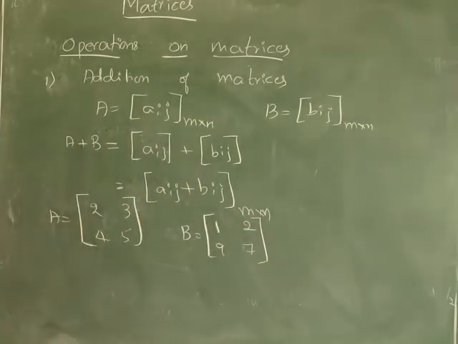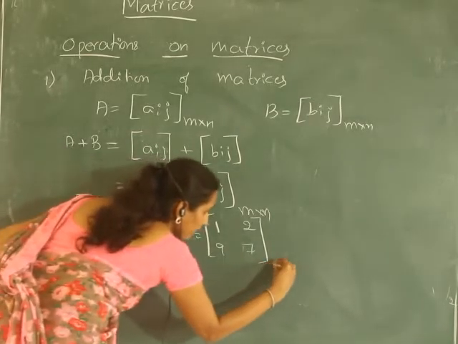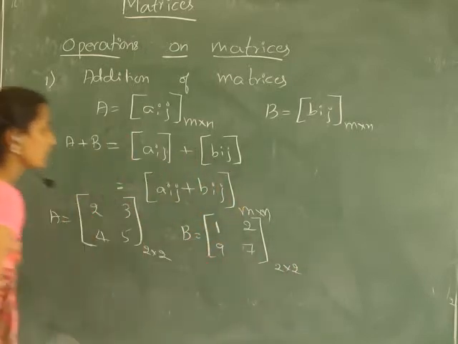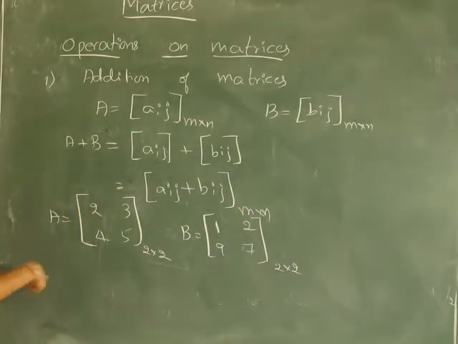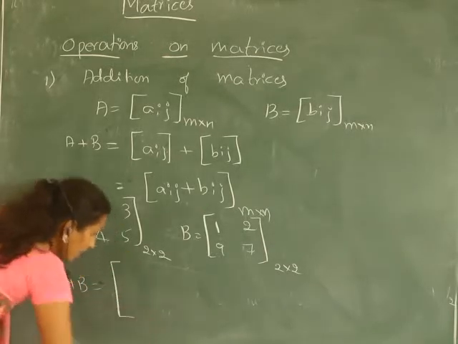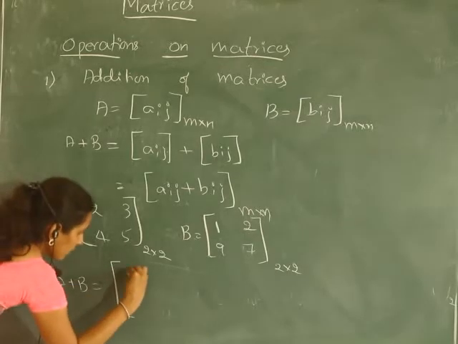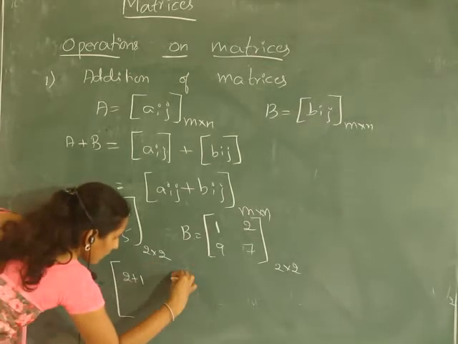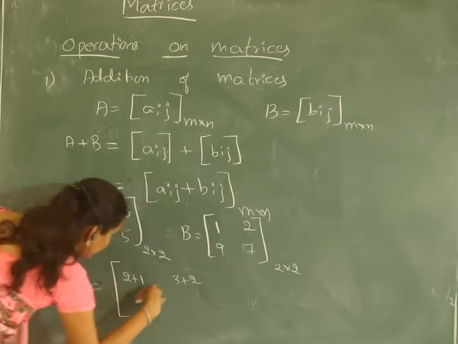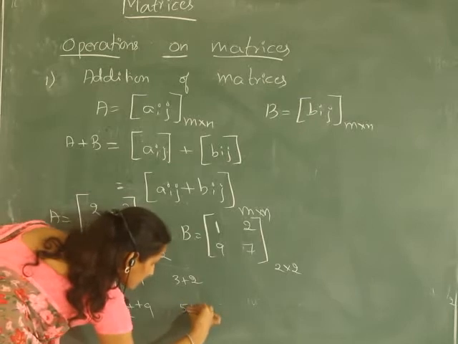Both are of order 2 by 2, so A plus B is obtained by adding the corresponding elements: 2 plus 1, 3 plus 2, 4 plus 9, 5 plus 7.